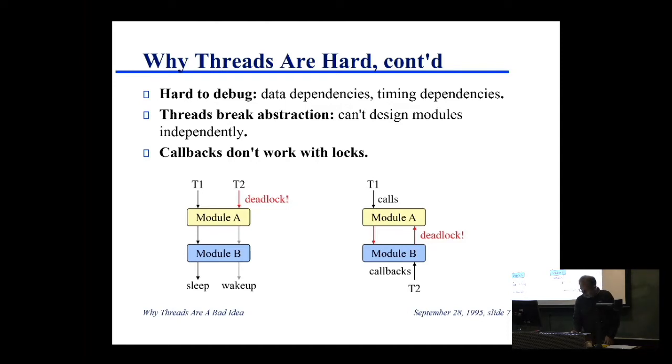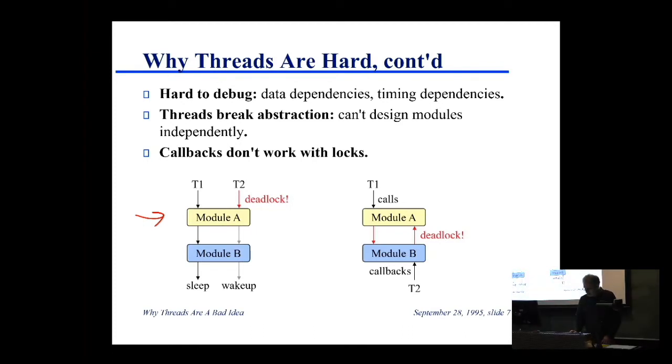So module A basically has some kind of state in it. Every thread that calls into it and manipulates that state needs to grab the lock associated with that state. So thread 1 would have to grab the lock associated with module A, and if thread 2 calls in there, it has to grab the lock as well.